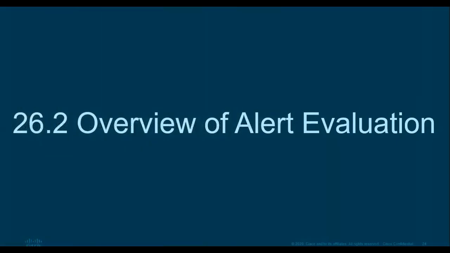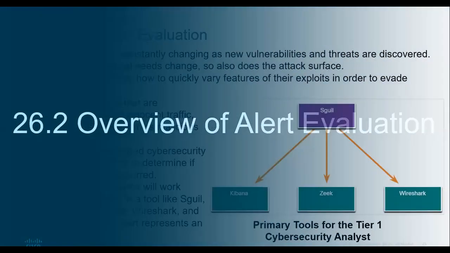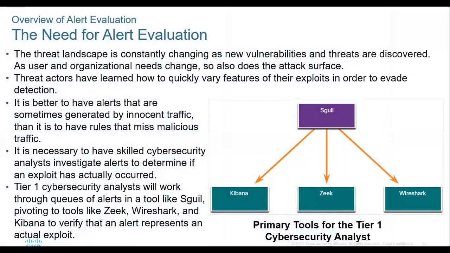Okay. So overview of alert evaluation. The need for alert evaluation. The threat landscape is constantly changing as new vulnerabilities and threats are discovered. As user and organizational needs change, so also does the attack surface.